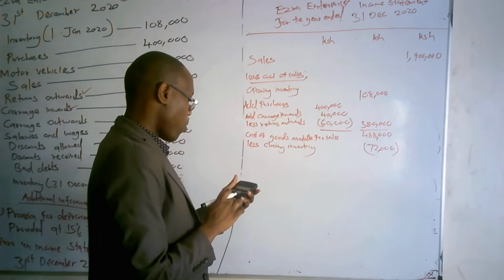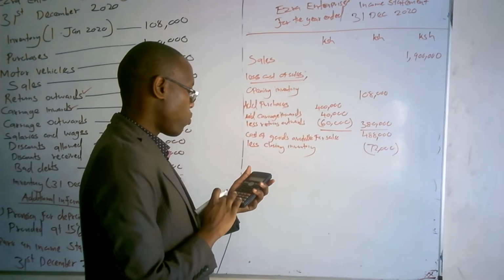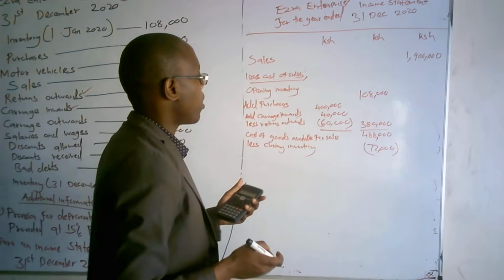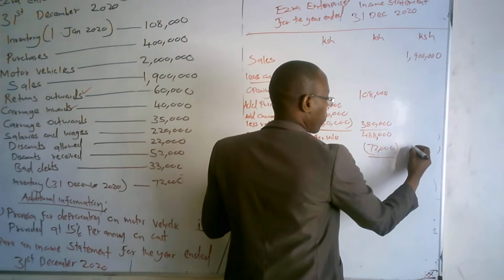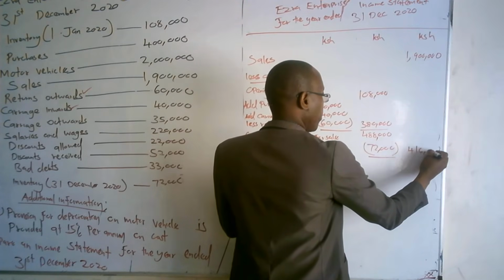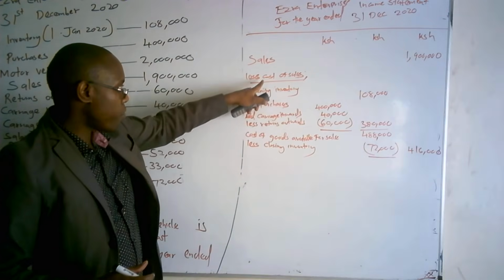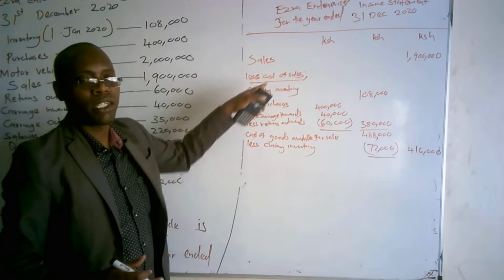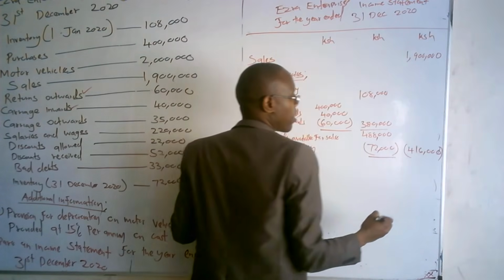So if I take 488,000 minus 72,000, then I'm going to have 416,000, which I will transfer directly here. And this 416,000 is what we call the cost of sales. Remember, from the beginning you said less cost of sales. So that's why this 416,000 is going to be inside a bracket.